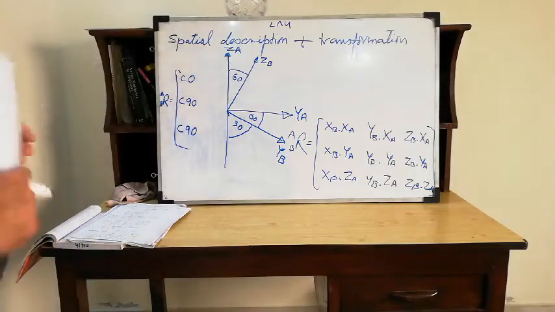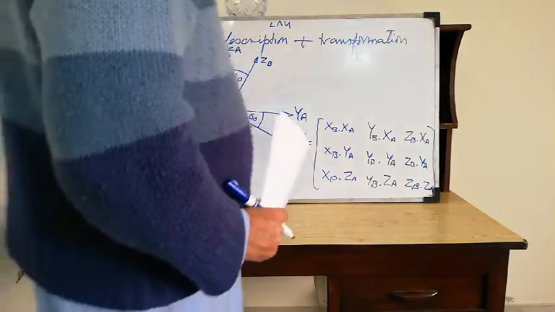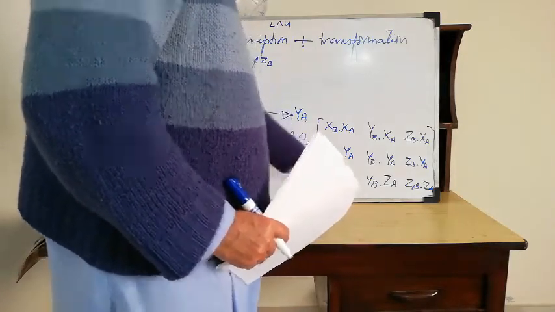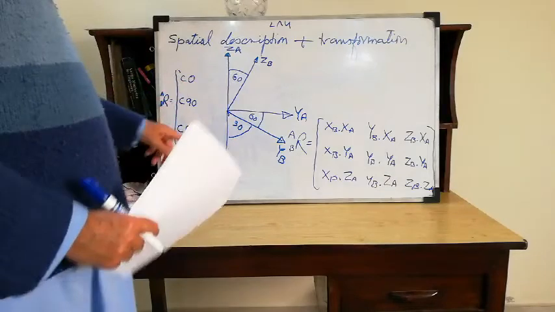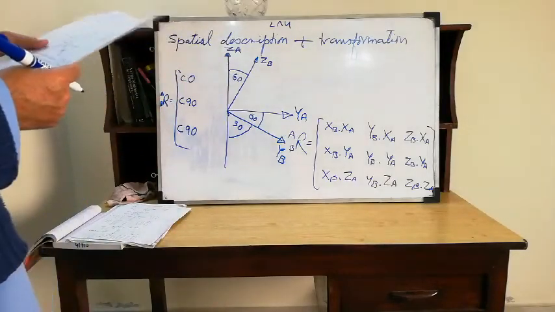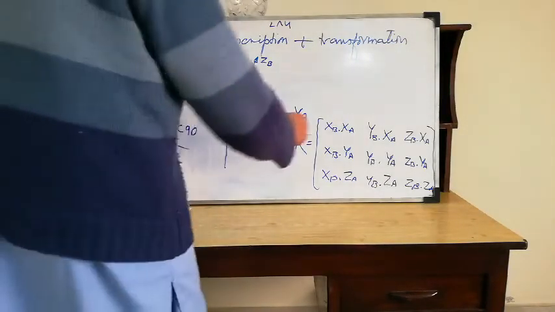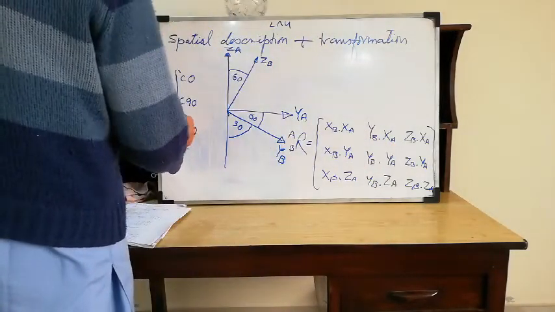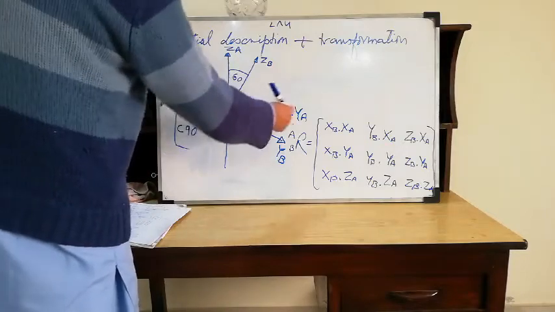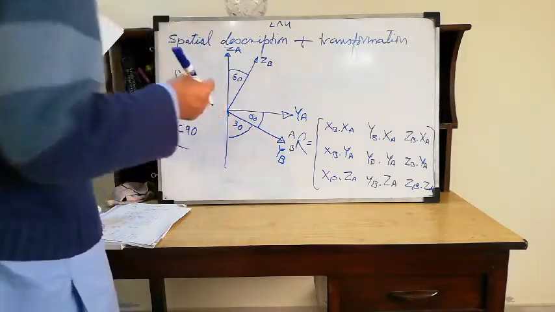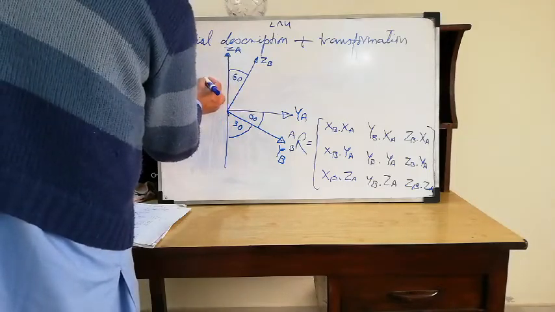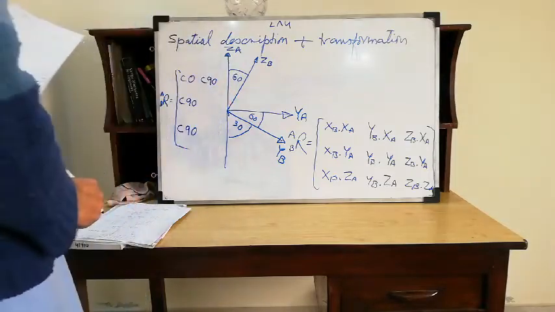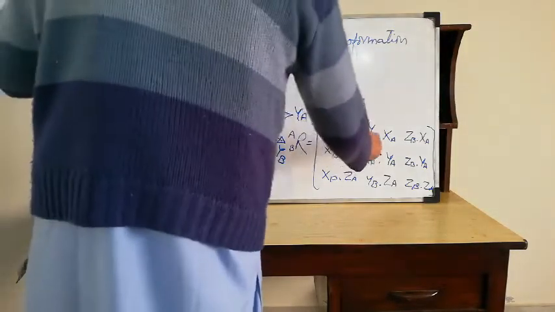So we have seen this, that this is XB dot XA, XB dot YA, and XB dot ZA: cos of 0, cos of 90, cos of 90. And then we have YB dot XA, cos of 90.